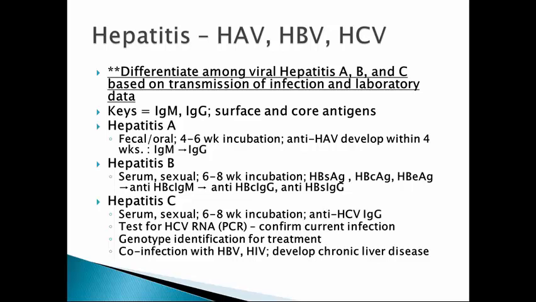Now, just as we can have surface, core, and envelope antigen, we can also have antibody in those same areas. So you can have a surface antibody, a core antibody, and an envelope antibody. And these are also very important.